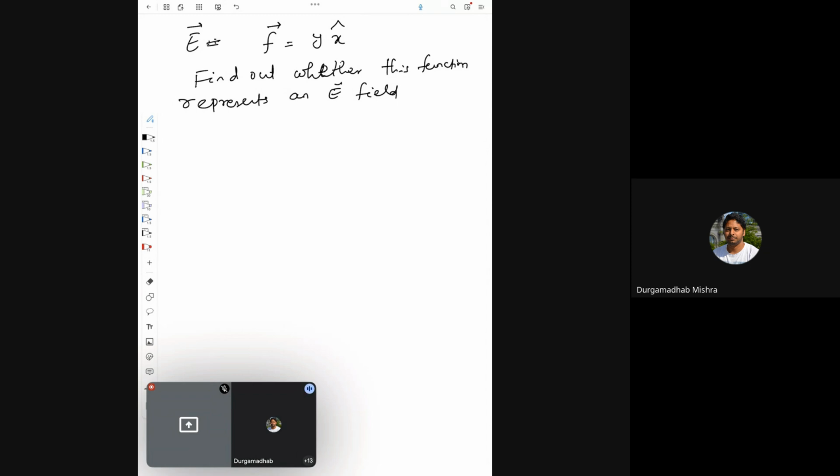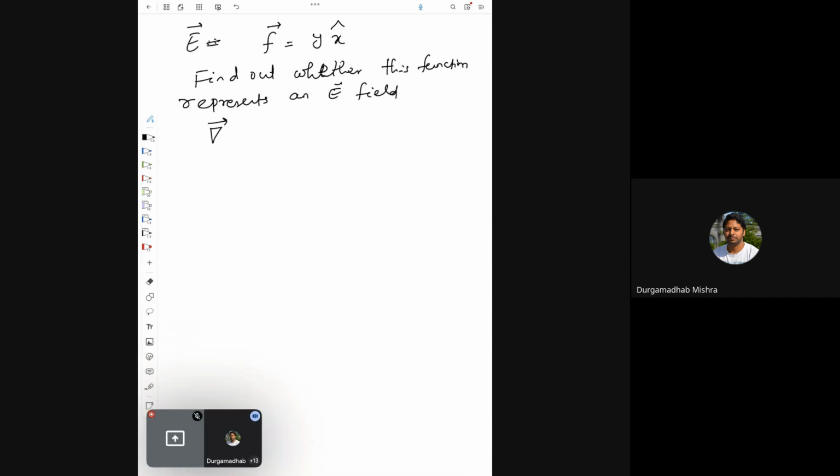In this case, you have to find out two things. One is del cross F, the curl of it. For an electrostatic field, this curl of F should be 0. And like we saw, del dot E should be equal to rho by epsilon naught, so it should depend on the charge.